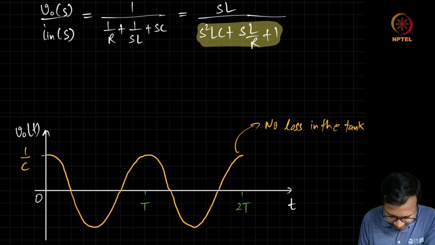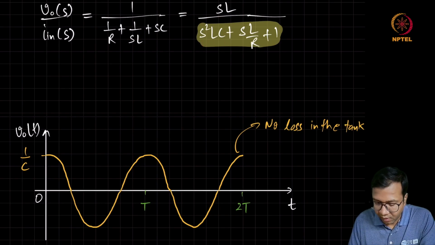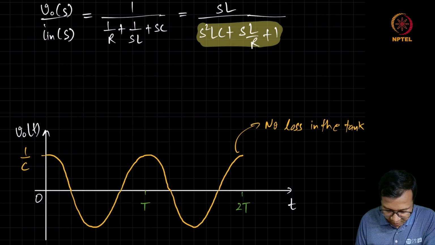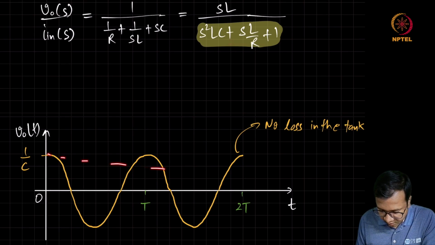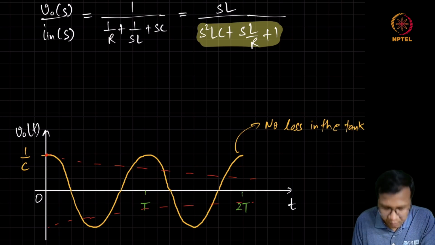When R is present, we'll find that poles of the system are going to have a negative real part, and this negative real part is going to result in an exponentially decaying envelope. So initially it is going to start from the same value.